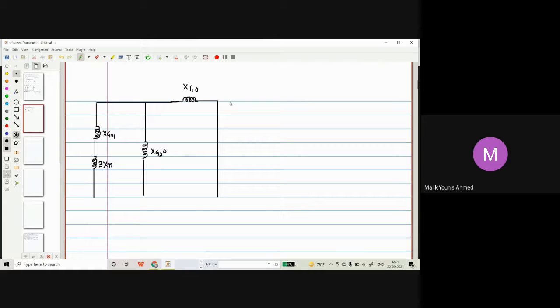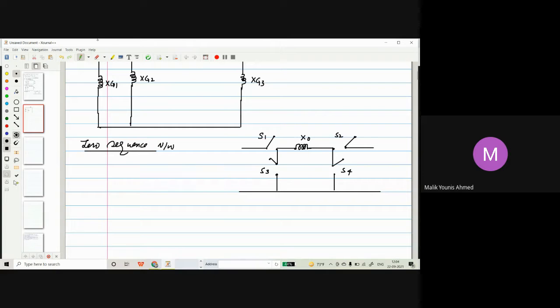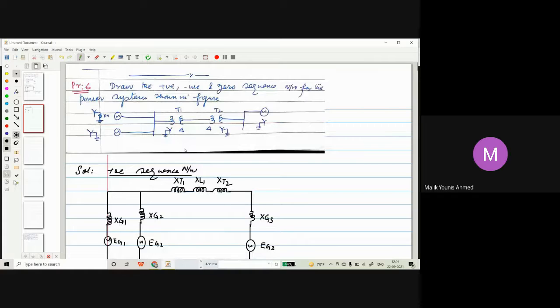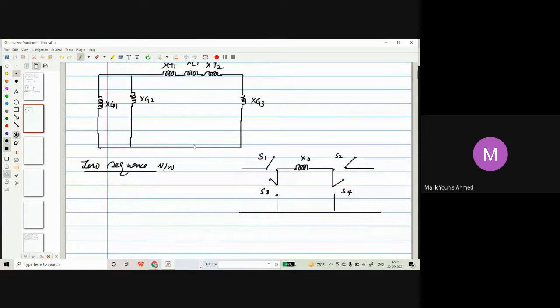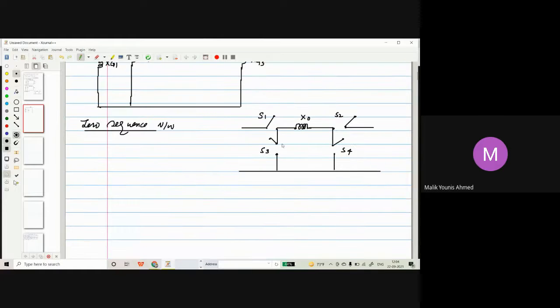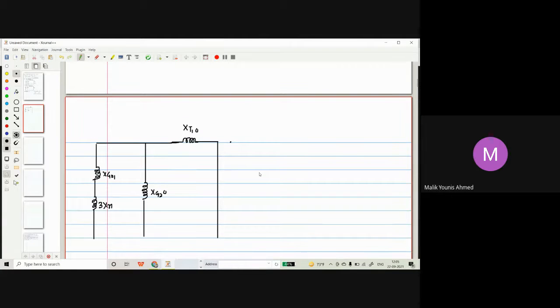Because on the secondary side of the transformer, the series switch is open and the shunt switch will be closed. That shunt switch we have closed, so here you can see this shunt switch we have closed. Now the series switch we are going to keep open.